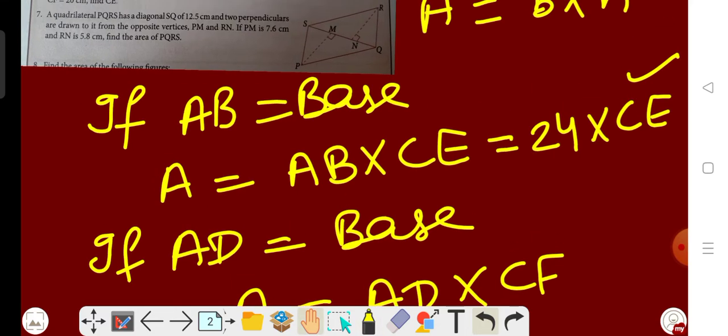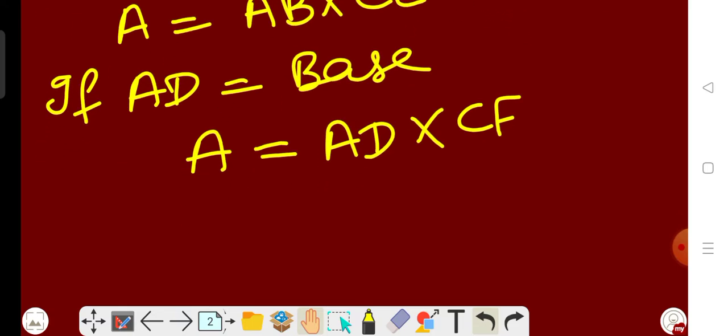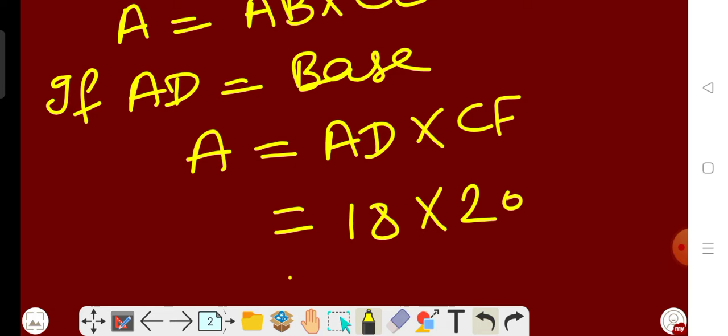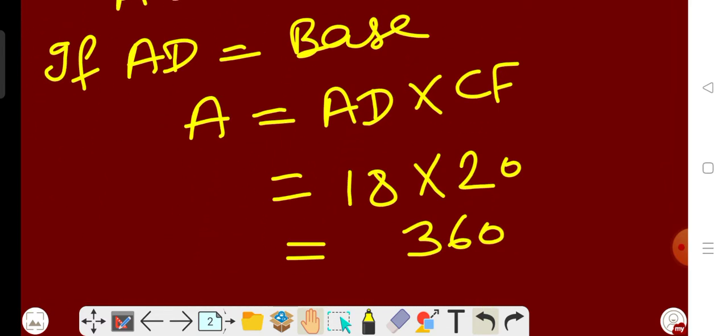The value of AD is 18 and the value of CF is 20. So the area is 18 multiplied by 20, which is 360 centimeter square.